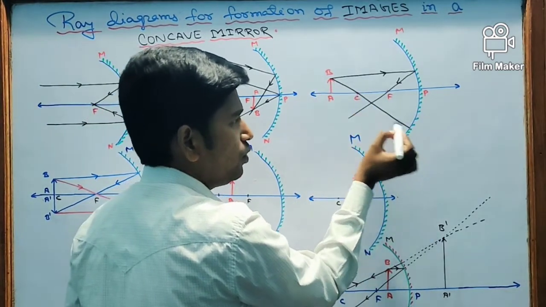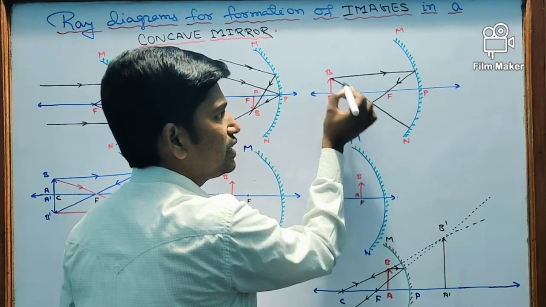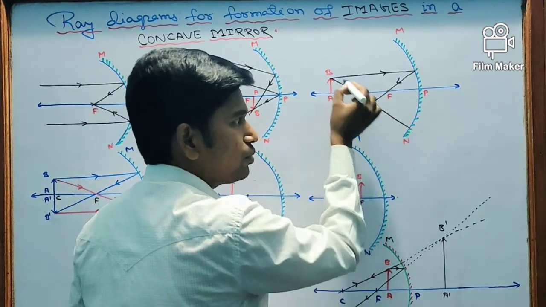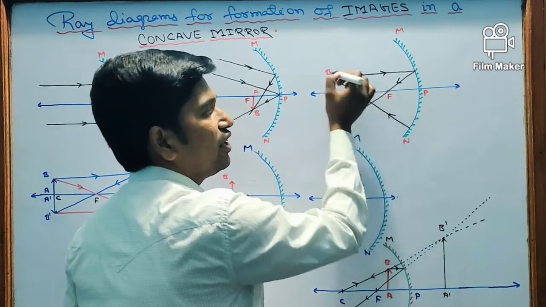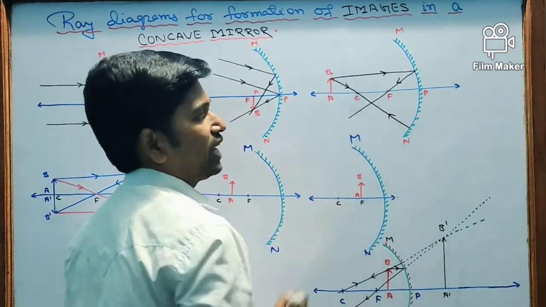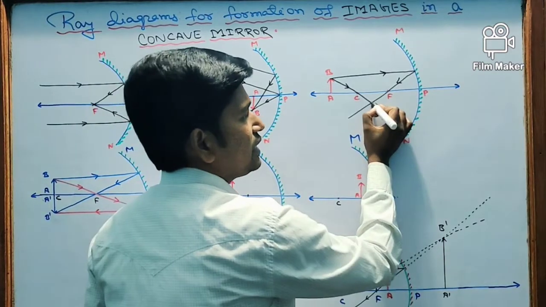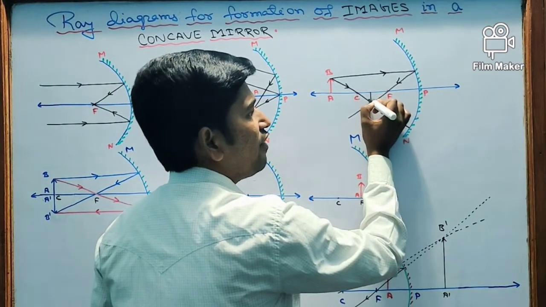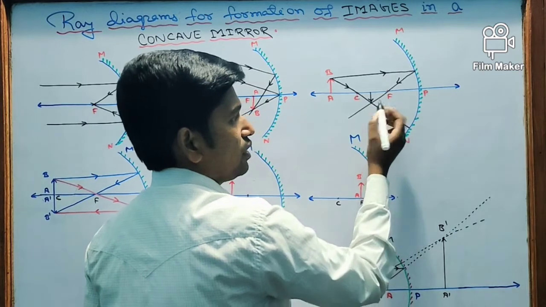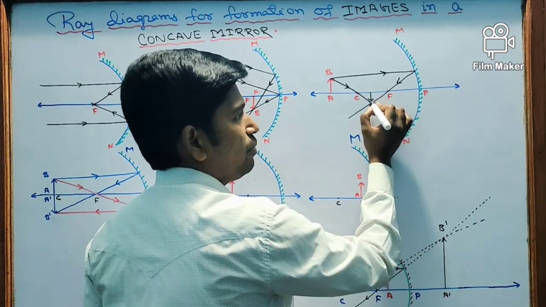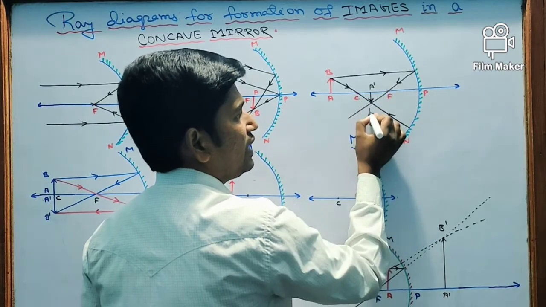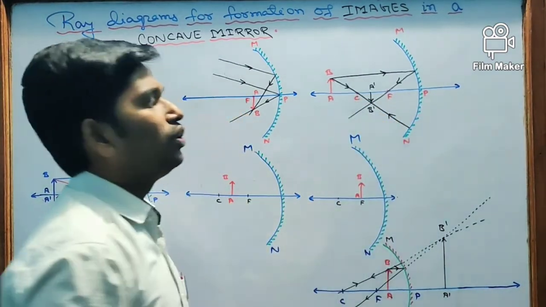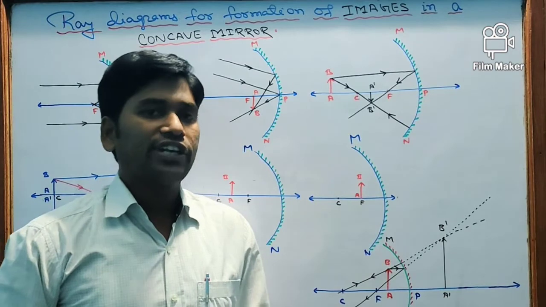So as we know, when the ray incident passing through the center of curvature, after reflection it will be reflected back along the same direction. So it intersects between center of curvature and focus. So the image is formed between focus and center of curvature, and this image is also real and inverted.